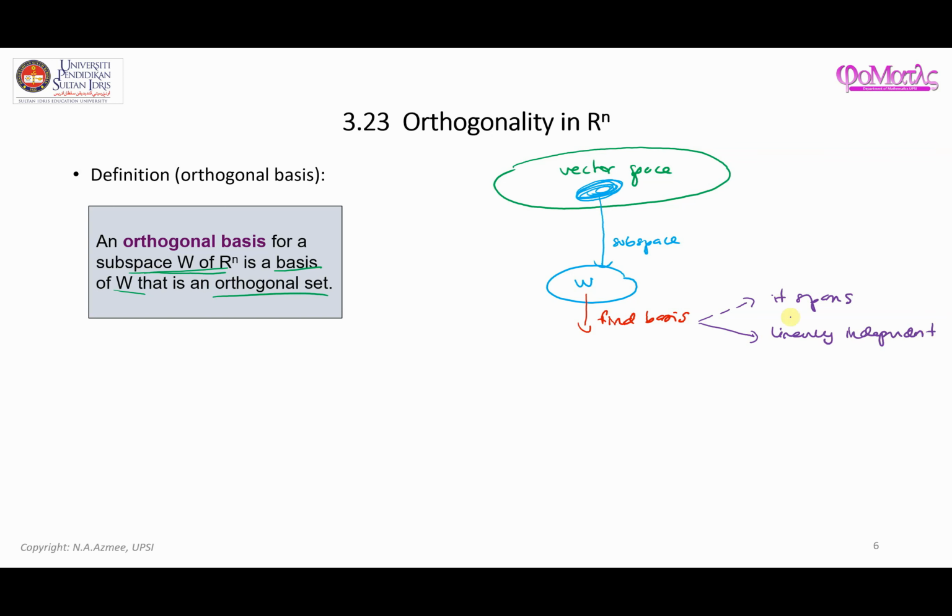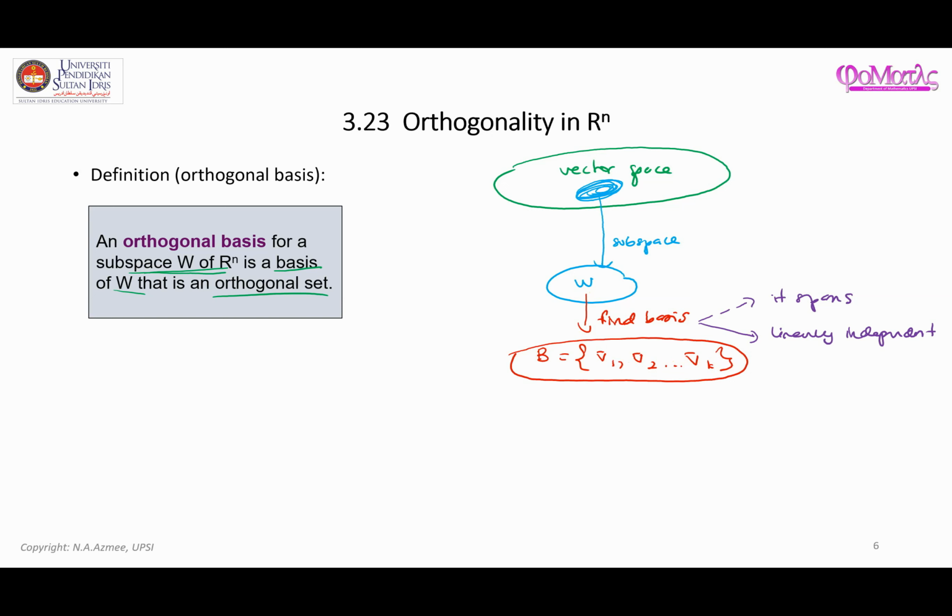So these are the two characteristics of a basis: it spans and it is linearly independent. Let's say you are able to find the basis, and we're going to call this basis B, with all the vectors here, maybe vector 1, vector 2, vector k. So you have managed to get the basis of W.